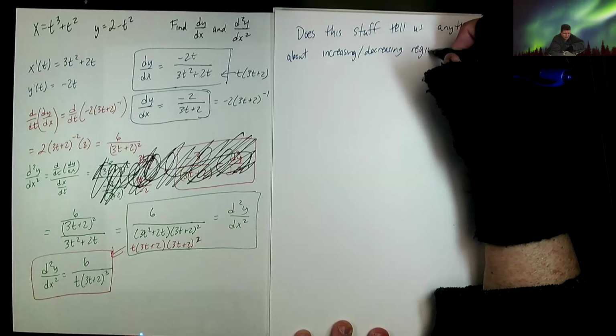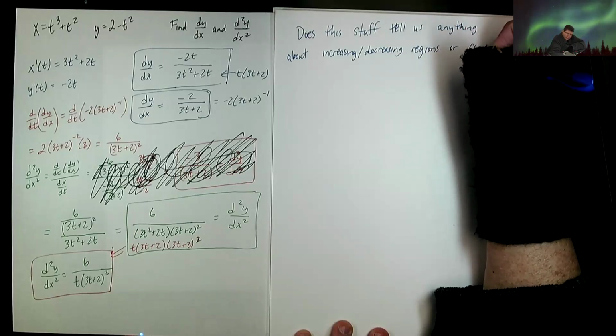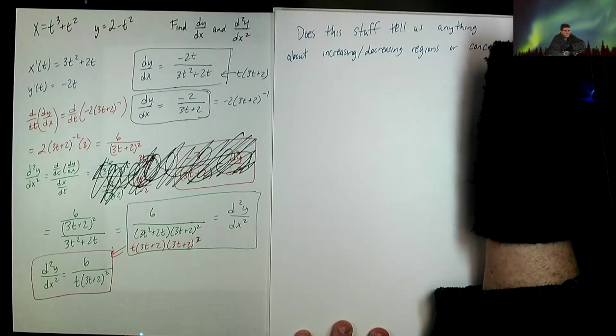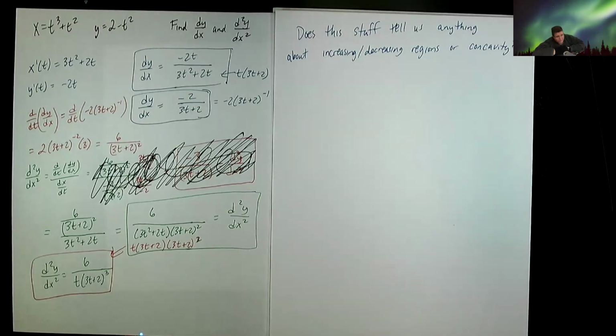Or concavity? How do we find regions of increase or decrease?